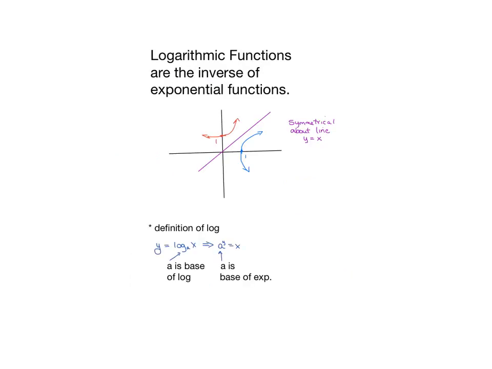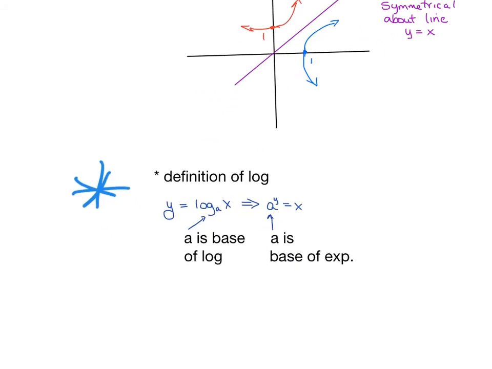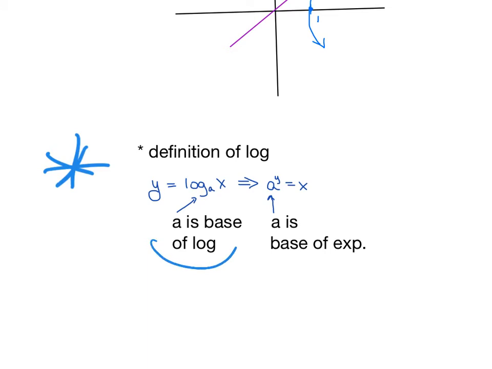So go to the next slide. The definition of log here, this little subscript A, is called the base of the log. The A in the exponential equation is also the base of the exponent. So the bases are always going to be the same.